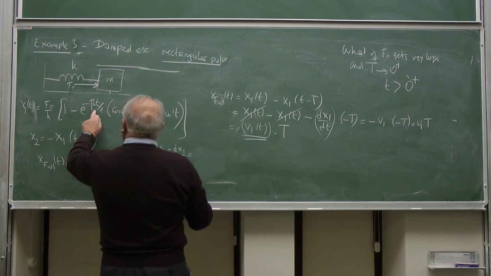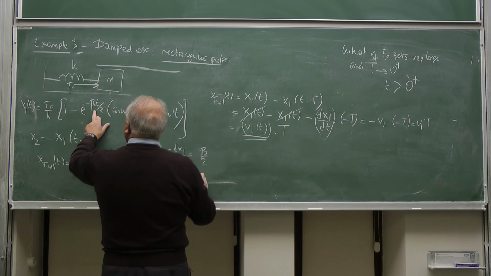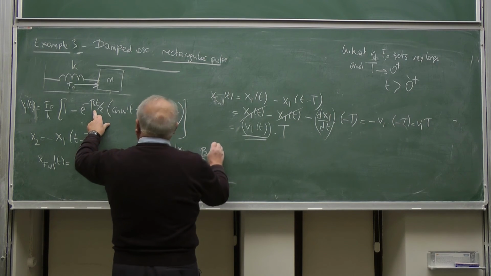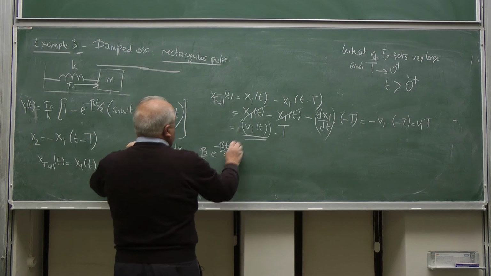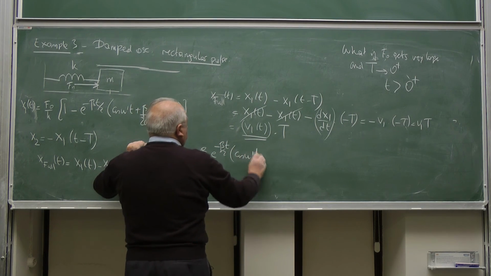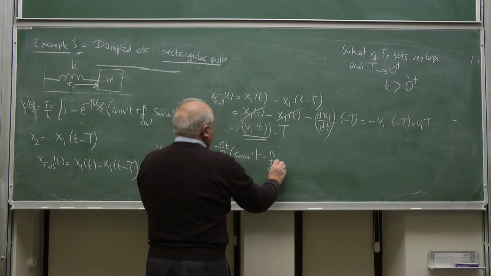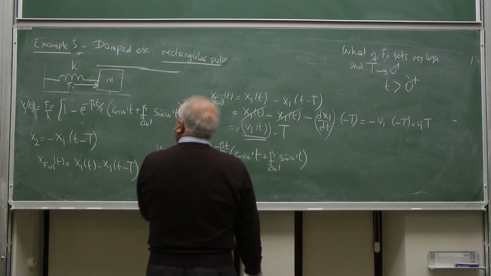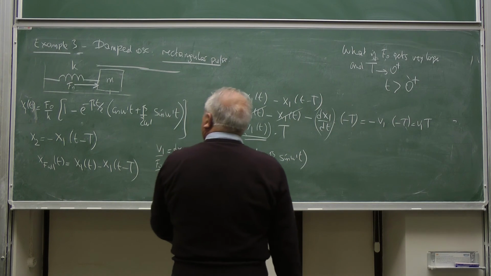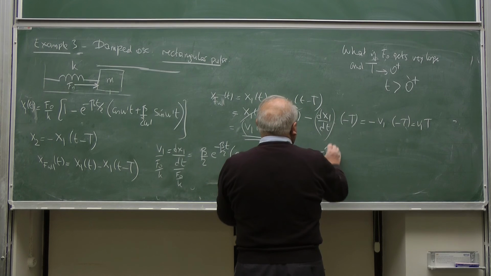So minus beta over 2 e to the minus beta t over 2 times cosine omega prime t plus beta over 2 omega prime sine omega prime t, minus e to the minus beta t over 2.